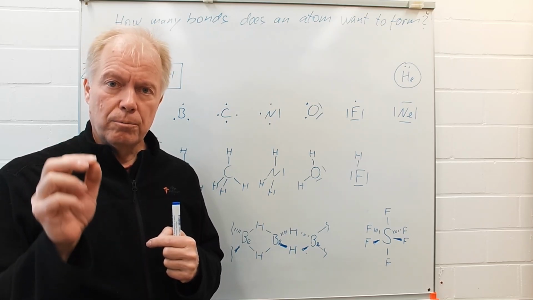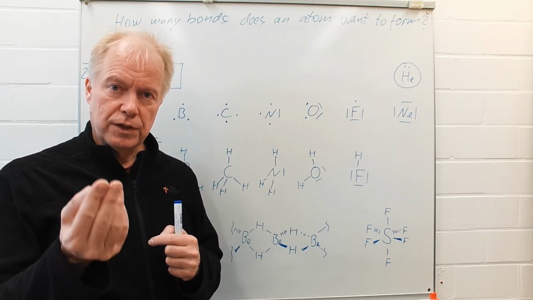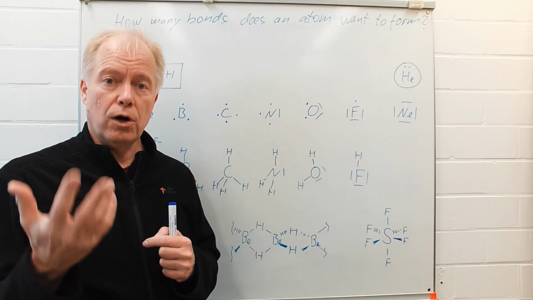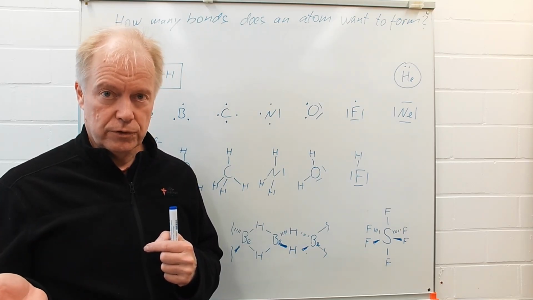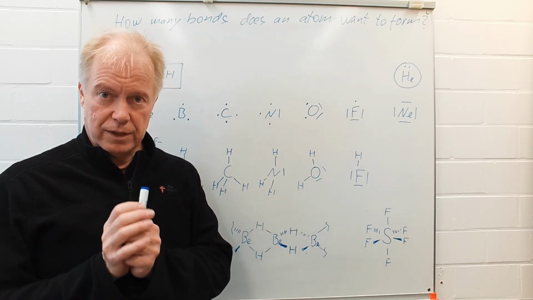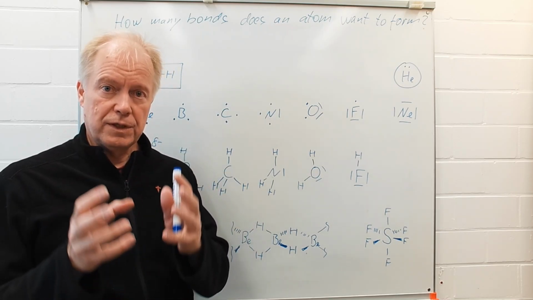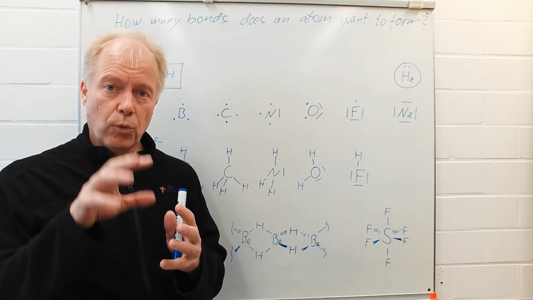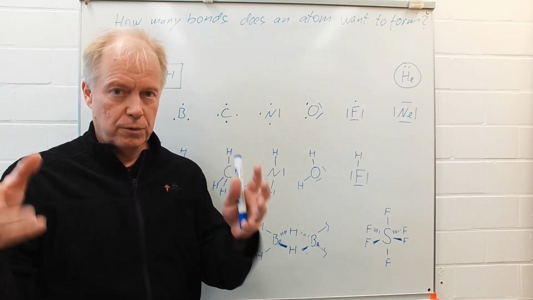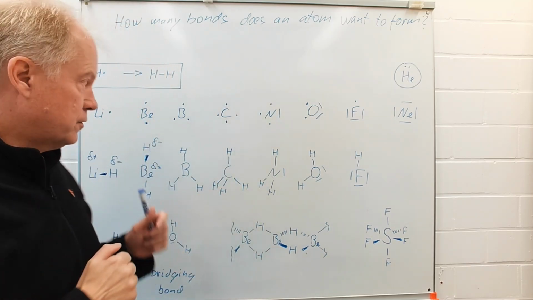Secondly, how many free single electrons does an atom have to offer for the formation of bonds? And third, how big is the atom? The bigger the atom, the more place is around the atom for the formation of the bonds.